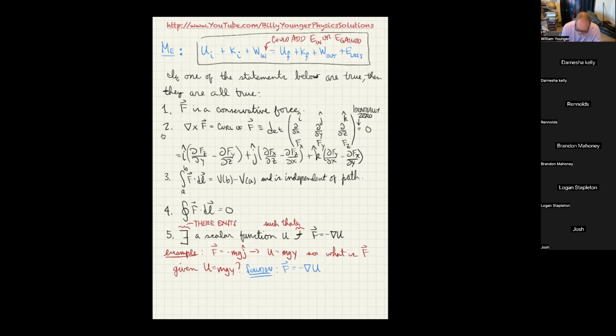Now, what does the gradient mean? Well, the gradient means basically you write an i hat and then you take the partial derivative with respect to x, and you just leave a space because this is an operator. This is something that takes stuff on its right side and spits out new things. And if that thing on the right is a scalar, it's going to make it into a vector.